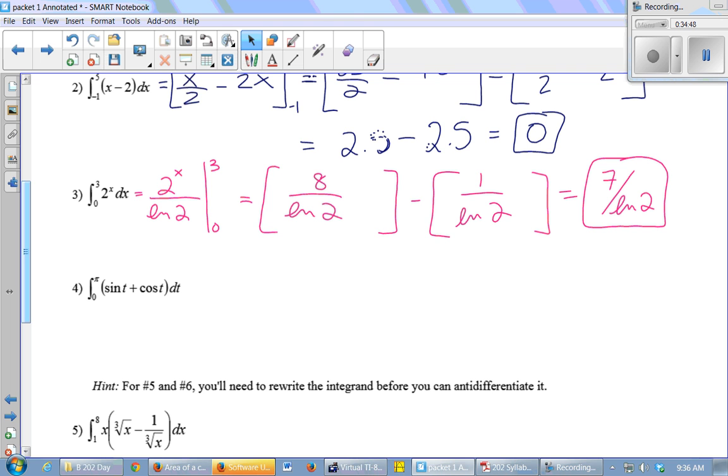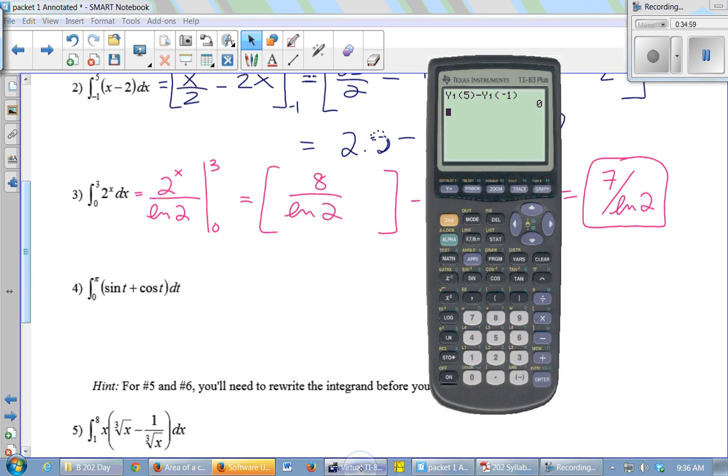And this is the kind of question that your calculator cannot help you with getting an exact answer, right? 7 over ln 2 is an exact value. It's an irrational number. Your calculator can only give you a decimal, right? So in general, in math class, we like exact answers. So we can still check our work, though. So I have 2 to the x divided by ln 2.